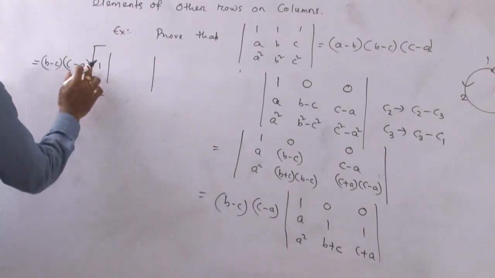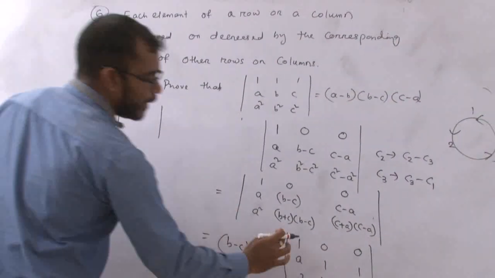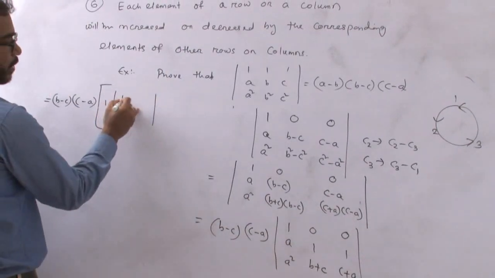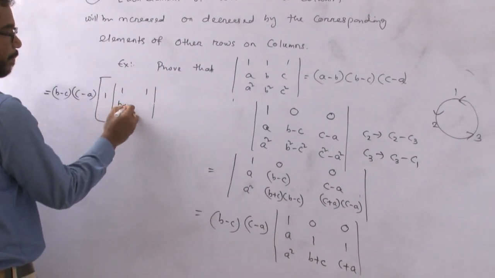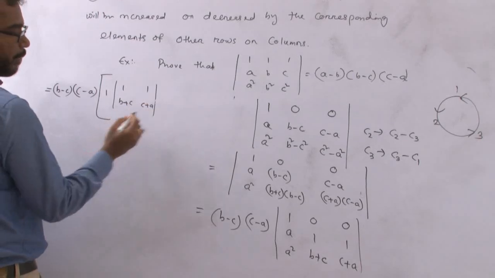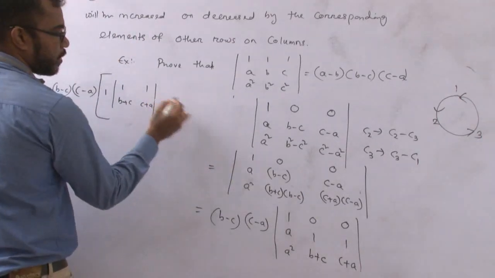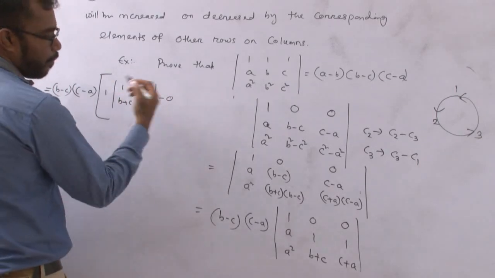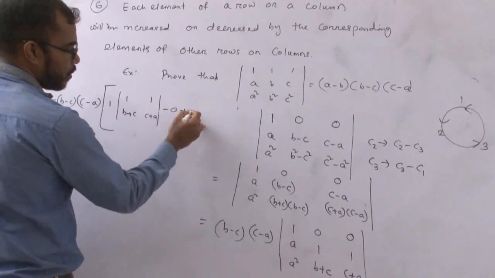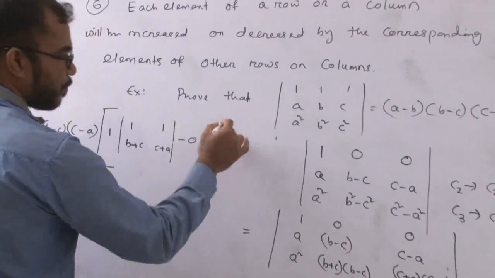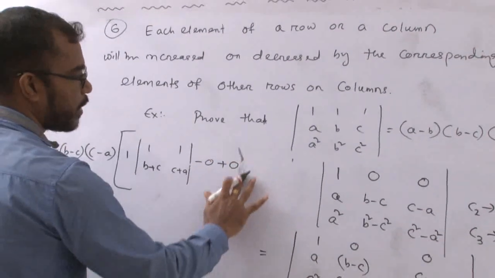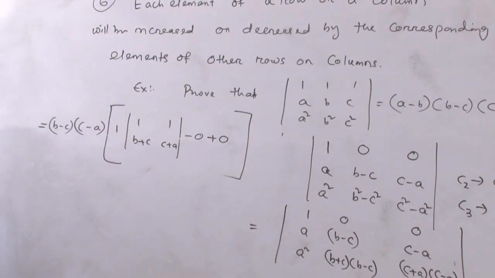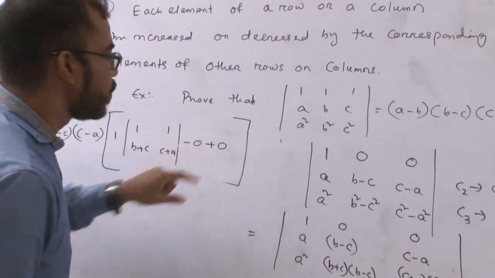So 1 into the determinant left after deleting the row and column of the element 1, which is 1, 1; b plus c, c plus a. The other terms are 0 multiplied by something, so they are 0.